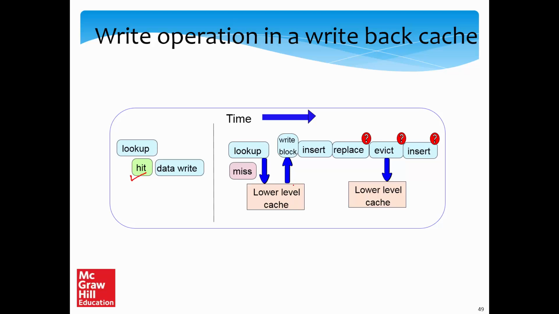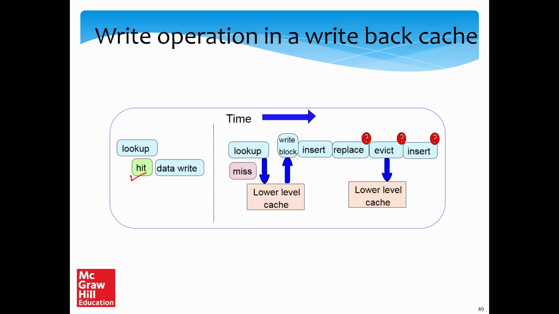However, if there is a miss, then we do a lookup in the lower level cache, we get the block, and we try to write the block. The way that we do this is that we first insert it.